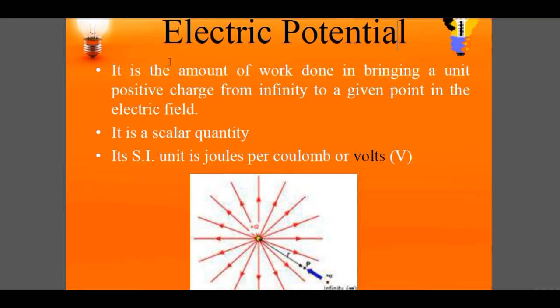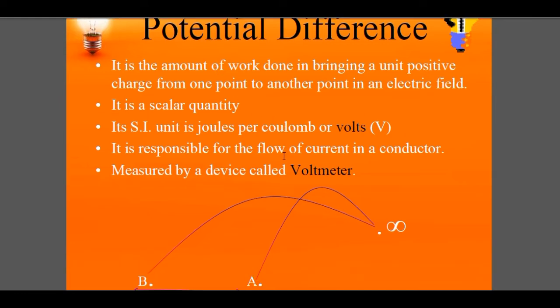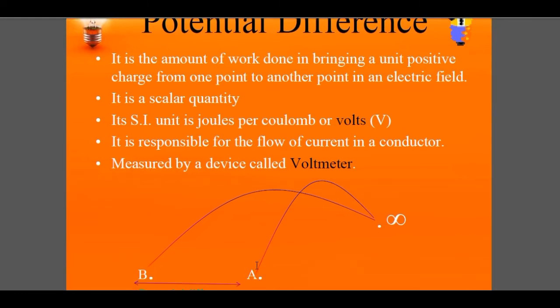Now, what is potential difference? If you are moving a charge from A to B, you have to apply some force, because B automatically has its own force, its own field. Come back to the illustration.